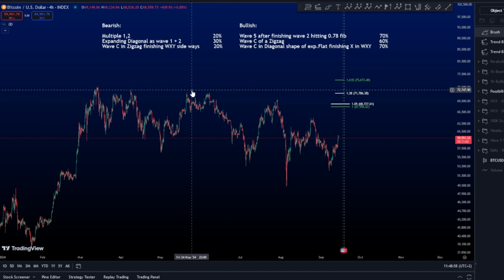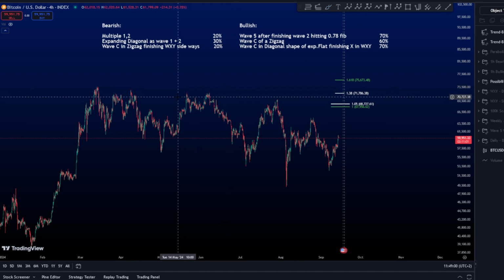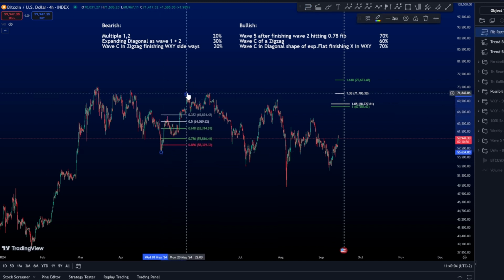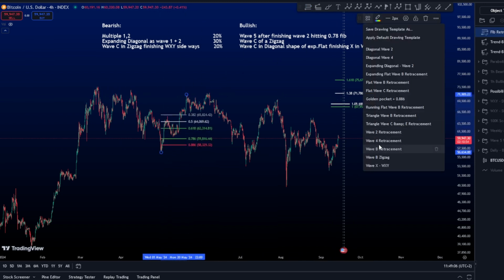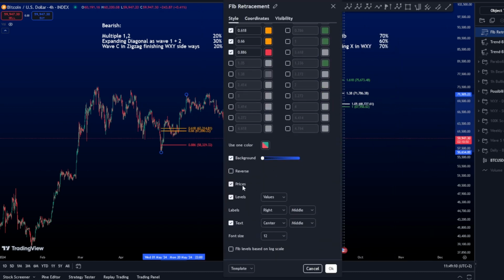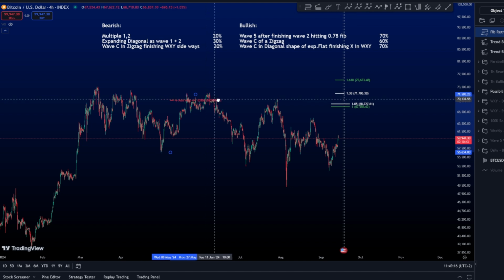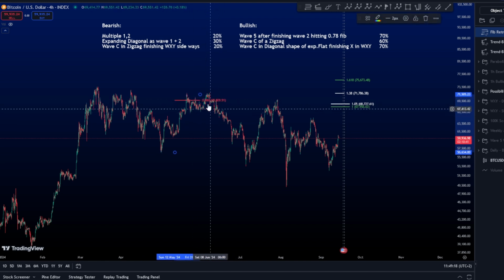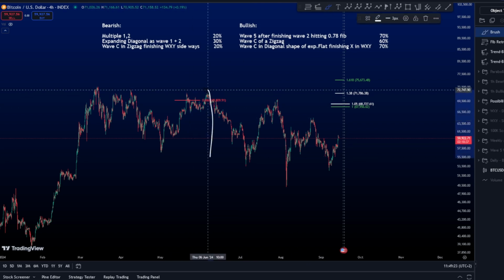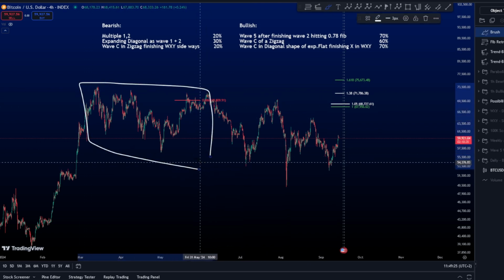Okay, once touching the 886 here, that means it is very, very low possibility to move towards the downside impulsively, because when touching the 886, that means that you are corrective, right, more than impulsive, as you can see. So for the first 1, 2 here, we cannot really take it.